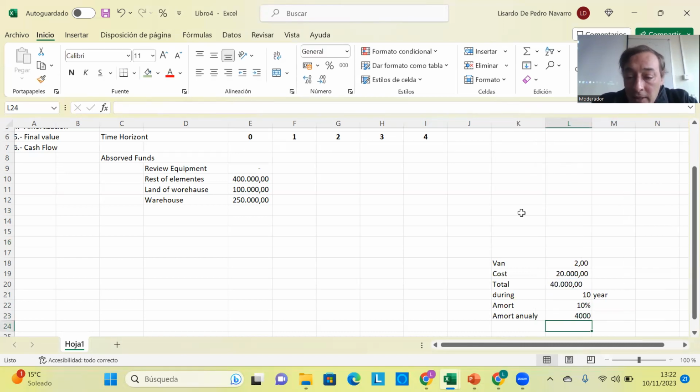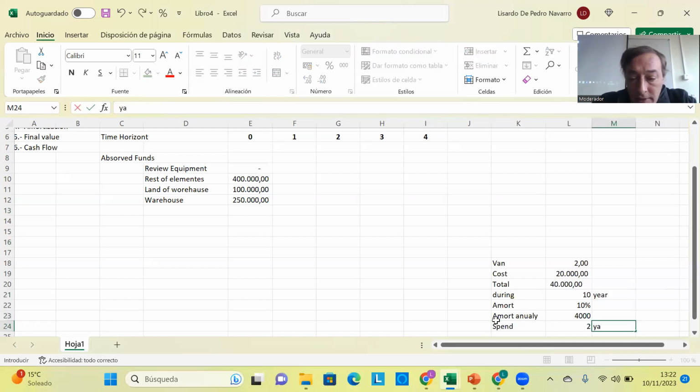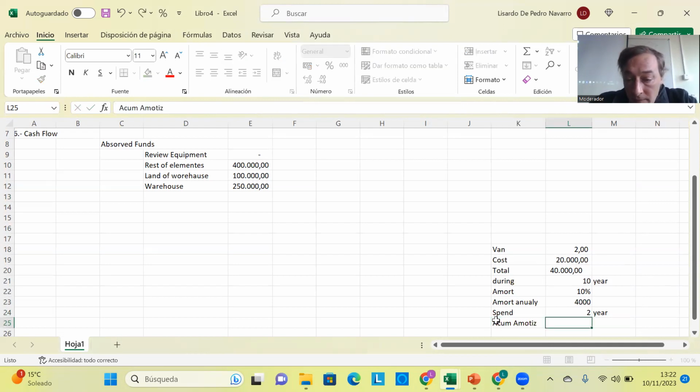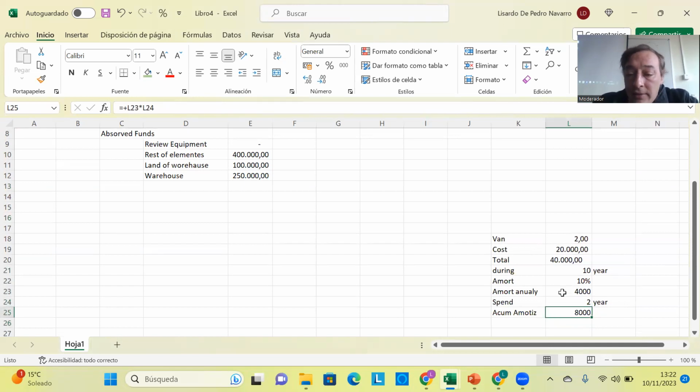As they have spent 2 years, the accumulated amortization is 4,000 by 2 years, which is 8,000, okay?